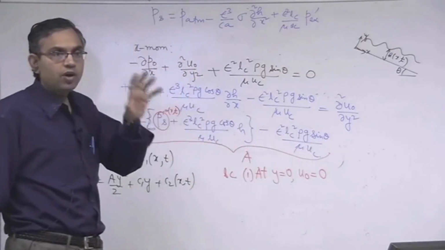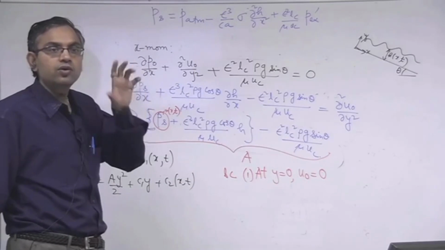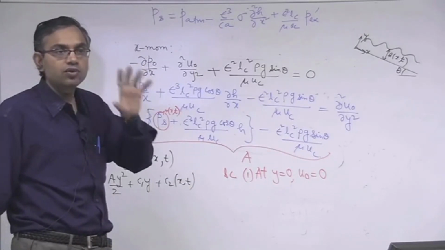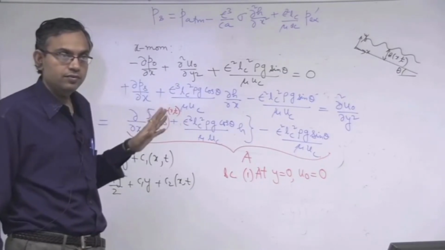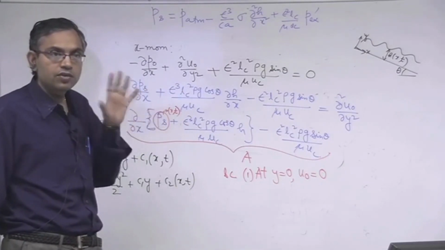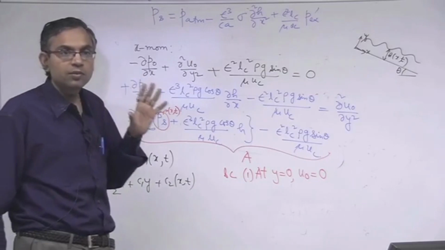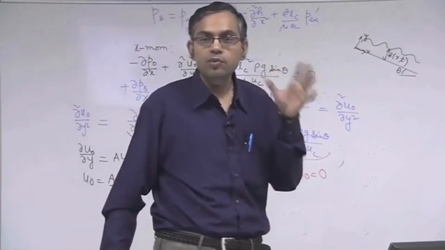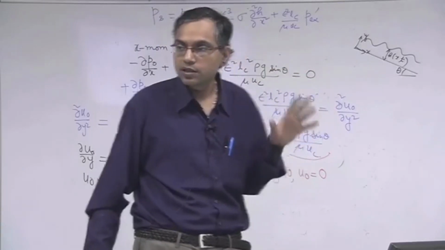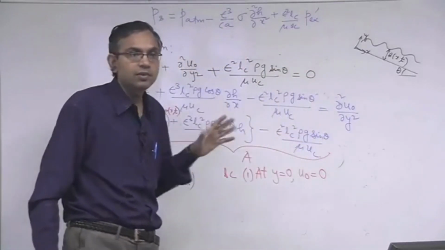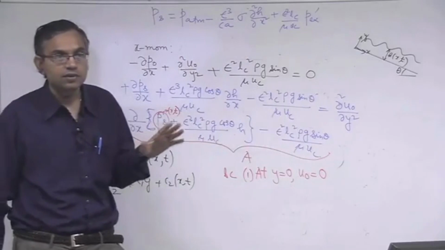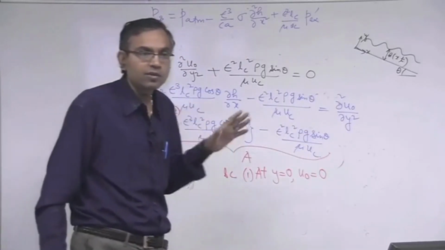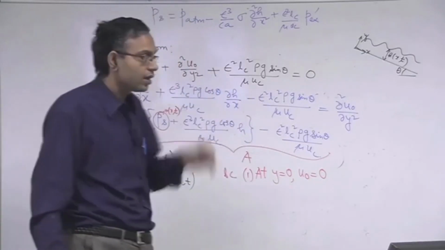So, all the problems that we have worked out with no slip boundary condition, I will give you a homework of repeat those with slip boundary condition. And this homework is a very important homework, because I will try to relate this homework with some problem in the end semester questions that I will give. So, this is supposed to be an important homework, please do this carefully.